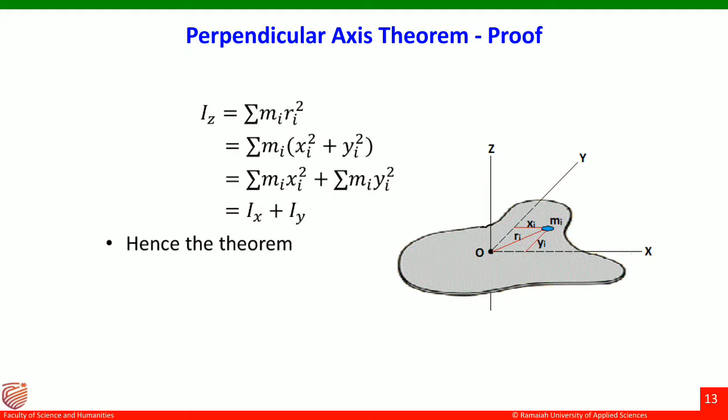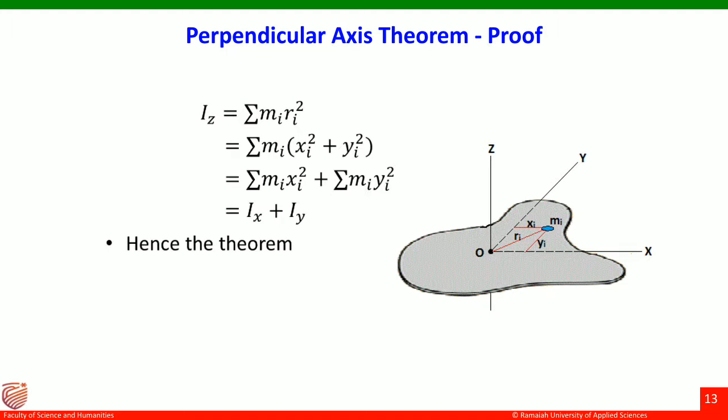When the particle of mass mi is at a distance Ri, we can write Ri square in terms of x and y values as xi square plus yi square.